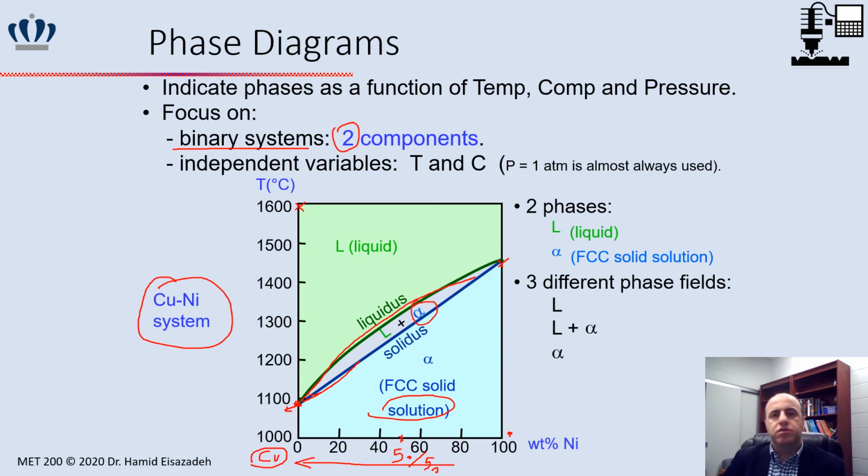Unique phase, which is alpha. Alpha is present below the solidus line. Below this line, we have all solid, and above this line we have liquid and some solid material.